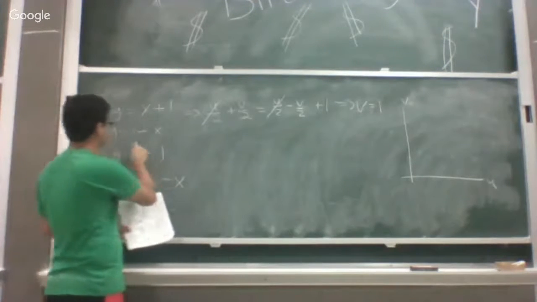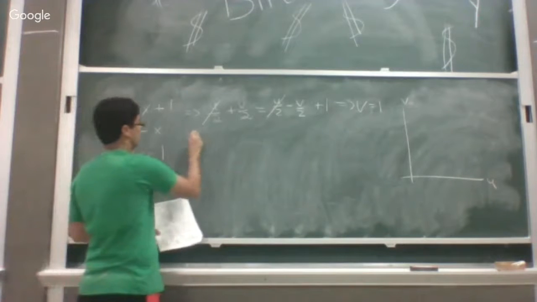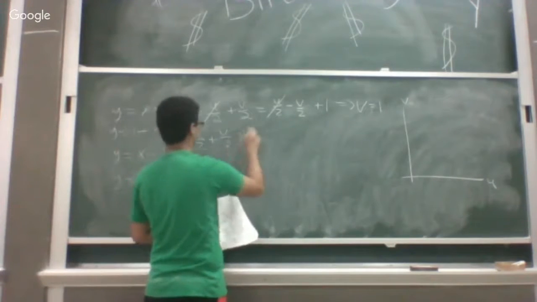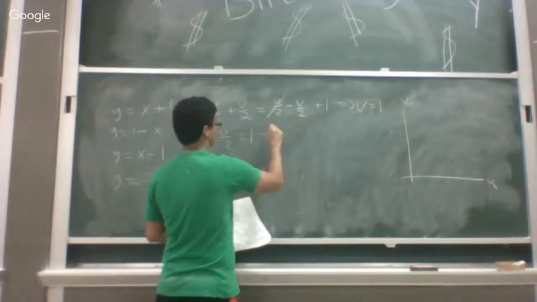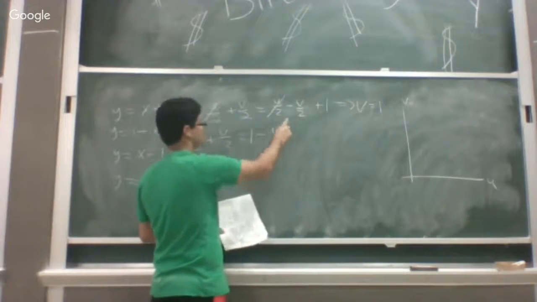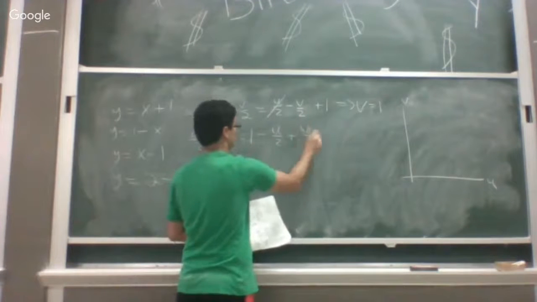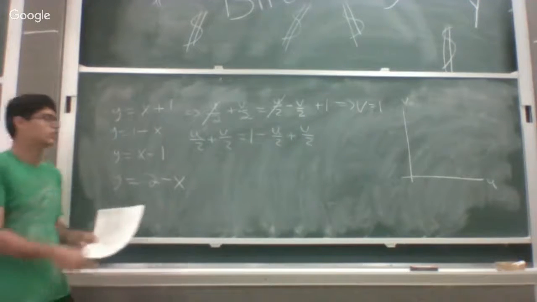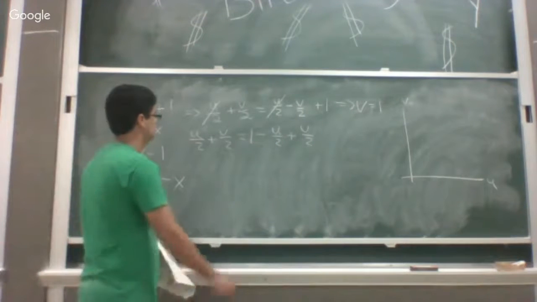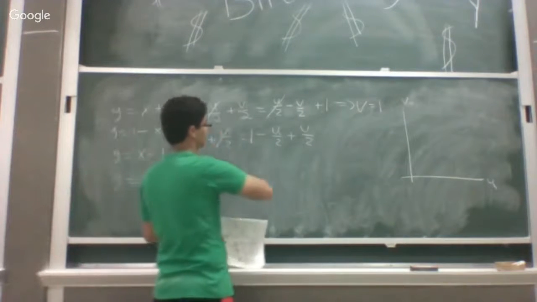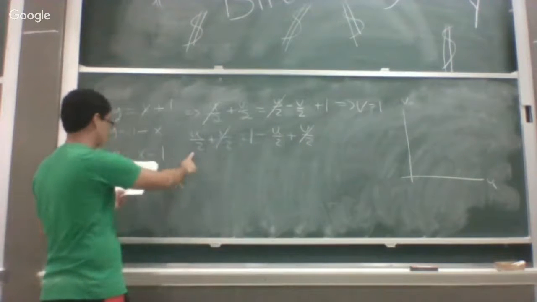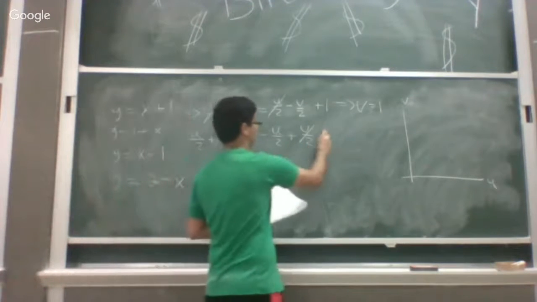On this one, y is equal to 1 minus x. So we have u over 2 plus v over 2 equal to 1 minus the quantity u over 2 plus v over 2 in this case. So you guys see that? Because it's minus v over 2, but we're subtracting it. So then in this case, the v over 2's cancel out. We bring the u over 2 to the left, and we get u is equal to 1.